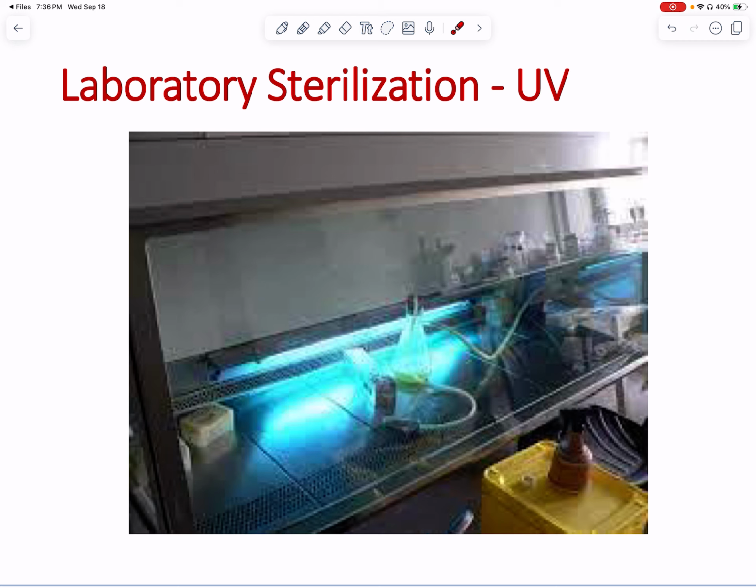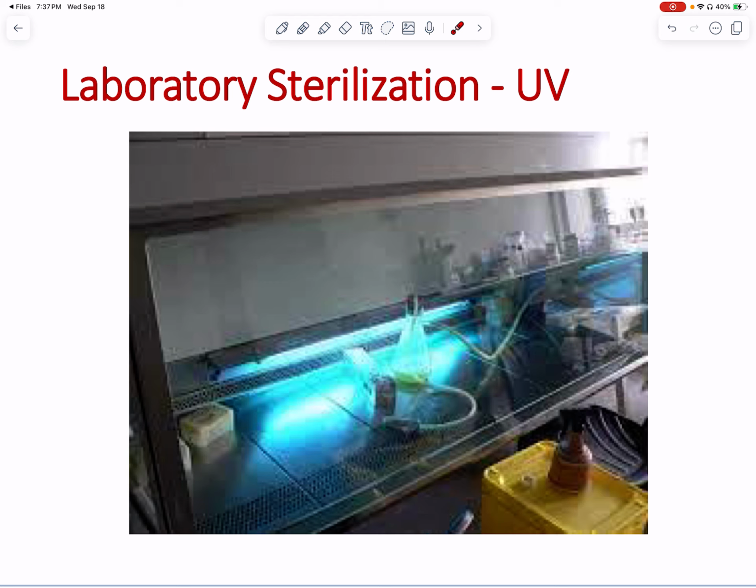The difference here is that it's going to be for a longer period of time, and the objects we are hoping to sterilize aren't going to be as deep or dense or complex as a pound of ground beef. You'll see in this picture, although I'm realizing it's quite blurry, it is just a stainless steel laboratory bench surface. Maybe we have some equipment over here like a tip box or a waste beaker, but that light can penetrate through those surfaces.